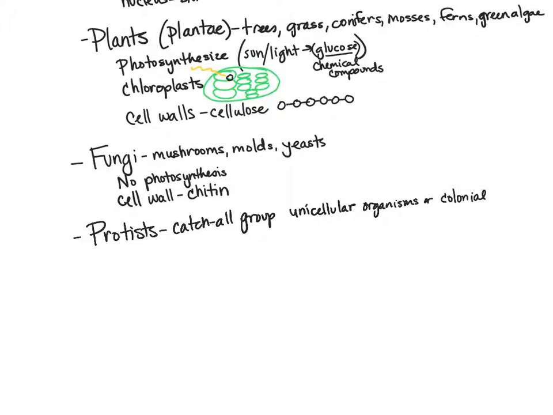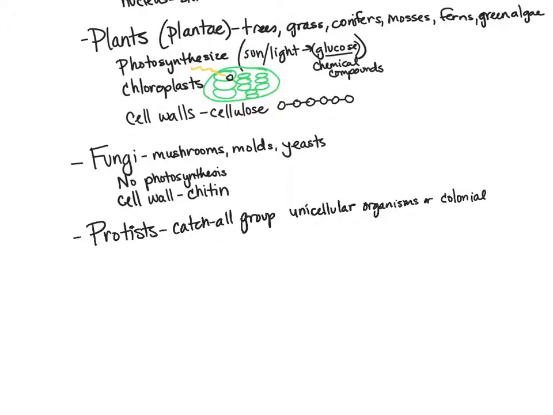I'm not getting to the animals yet, but the animals are another kingdom. When we're talking about the different kingdoms of eukarya, we would be talking about plants, animals, fungi, and protists. Protists, as was already mentioned, is this catch-all group. We throw lots of things in this protist group because we're not sure where they fit.